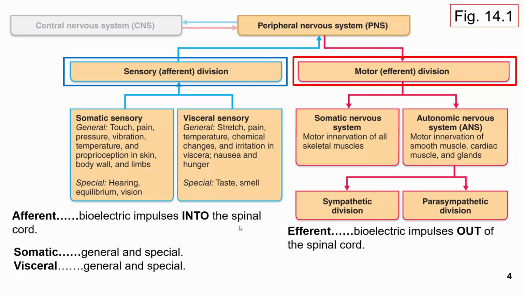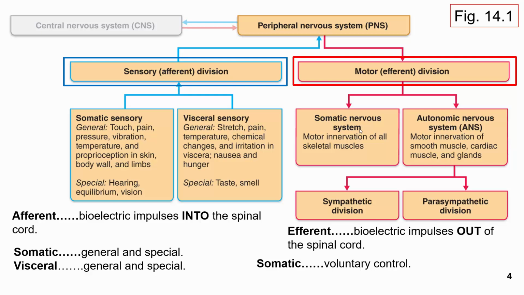On the motor side, these are bioelectric impulses conveyed using the same mechanism as the afferent, except it's going in the opposite direction. The efferent signals are traveling from the spinal cord or central nervous system out towards various organs.